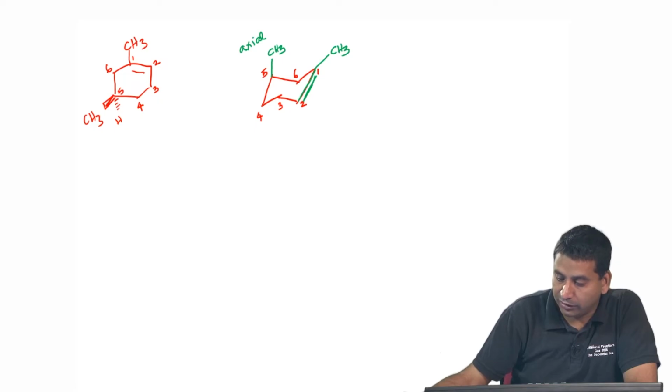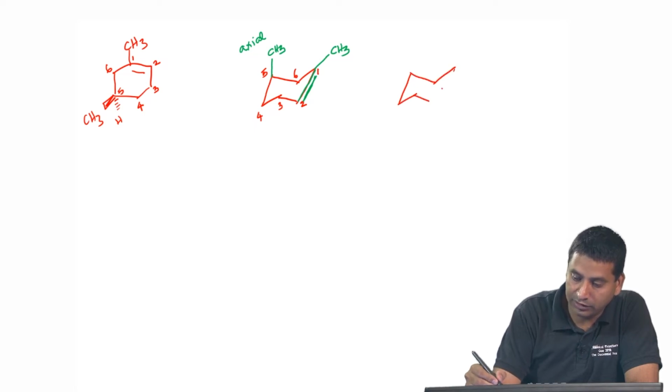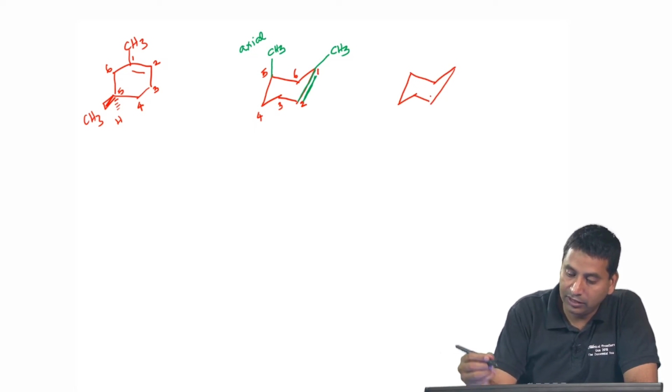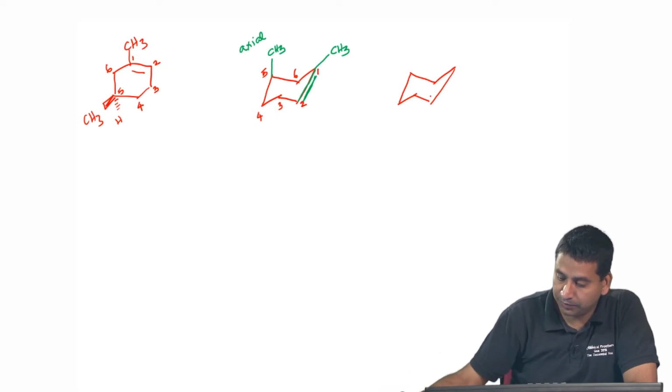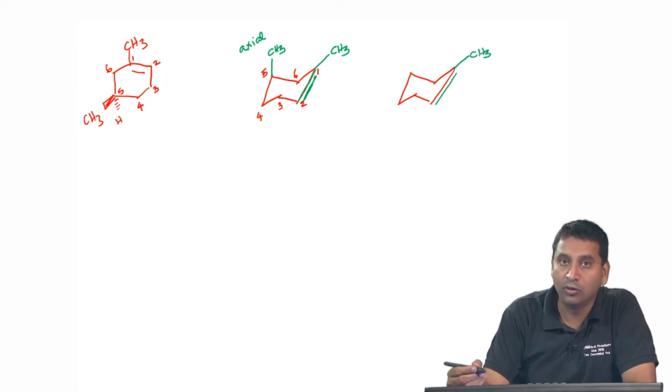Let me draw out the compound in the equatorial conformation, just so that we have the structure written correctly. Again I am drawing out the methyl groups, and the first thing I do is draw the double bond. My CH3 remains the same on the olefin.